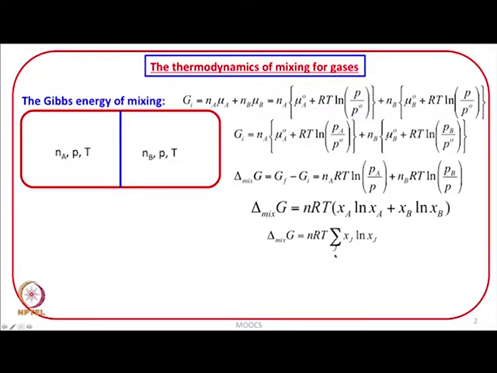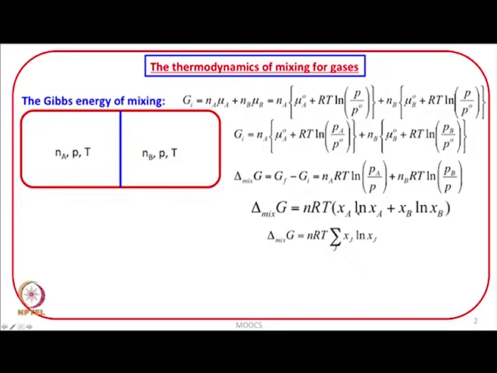The point to be noted, if we look at this expression, is that mole fraction is always less than 1. If mole fraction is less than 1, then the logarithmic term will become negative.